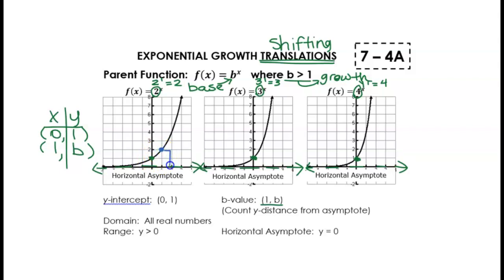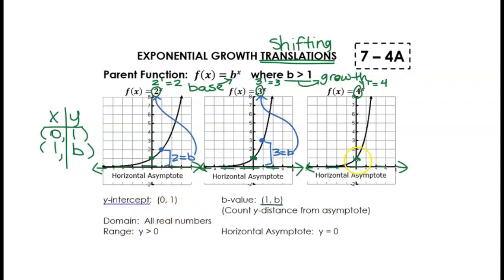So what's this distance? 2. That happens to be my b value. Again, finding the y-intercept, if I go 1 to the right, here's my point. What's that distance? 3. That's my b value.